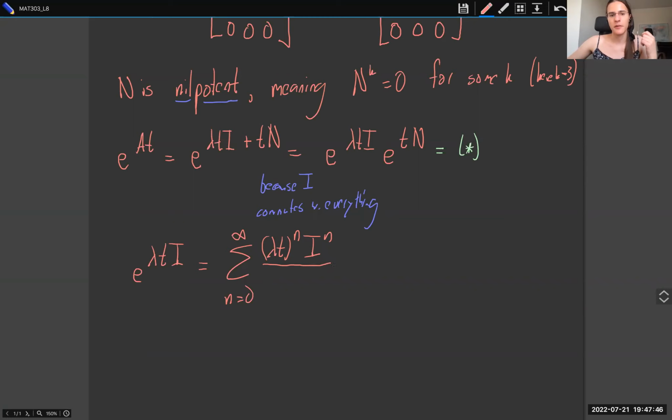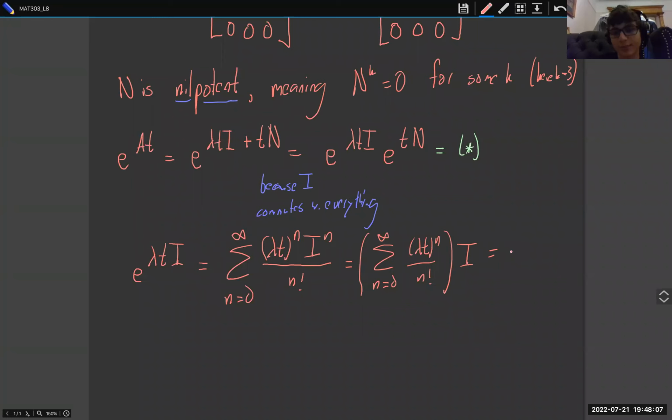So that's just the sum from n equals 0 to infinity of (lambda t) to the n over n factorial times the identity matrix. And this is a number. What number is this equal to? e to the lambda t. Yes, because this is the power series expansion of e to the lambda t.